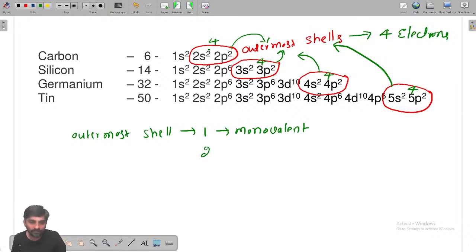Let us say you have 2s1 or 3s1 or 5s1, called monovalent. Next, if it is having outermost shell 2 electrons, it is called divalent.